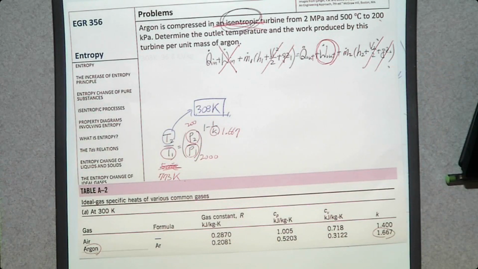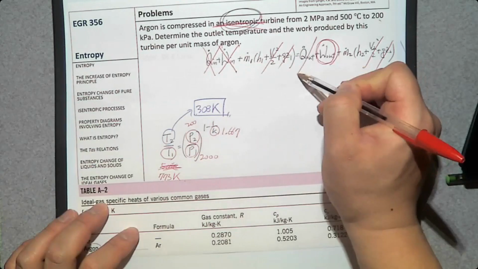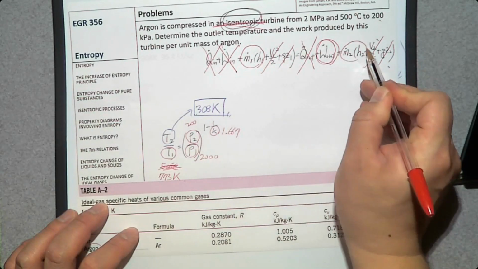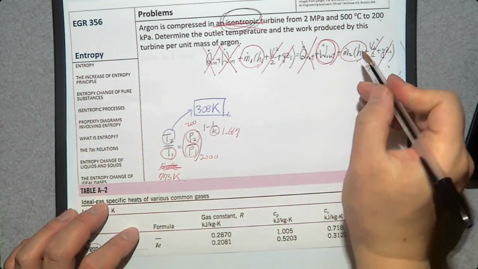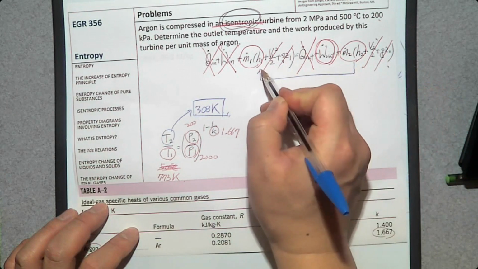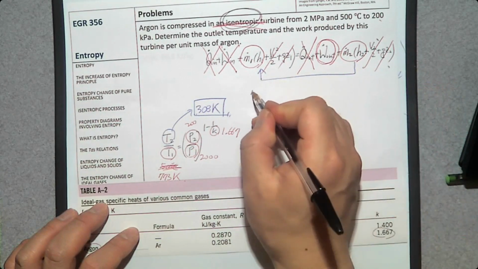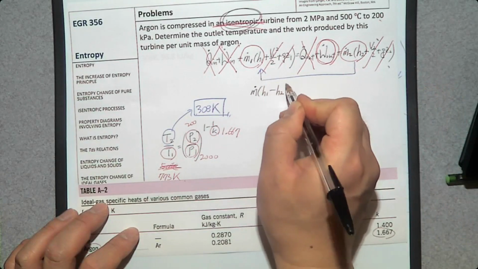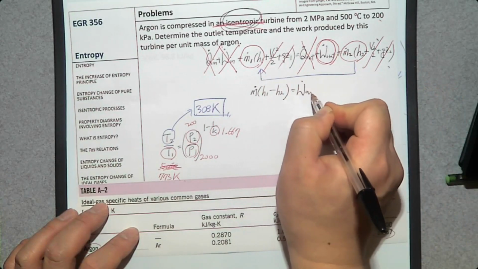So we assume no heat transfer. Moving terms to the left-hand side, the equation is m dot times h1 minus h2 equals W dot out.